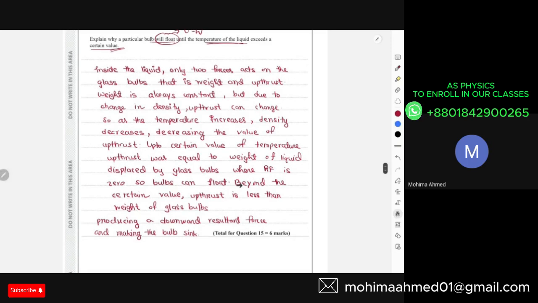So that's why I wrote that up to a certain value of temperature, upthrust was equal to the weight of the liquid displaced by the glass bulbs. But when we exceed that value of temperature, upthrust becomes less than the weight of the glass bulbs, and eventually there's a resultant force in the downward direction, making the bulbs sink.